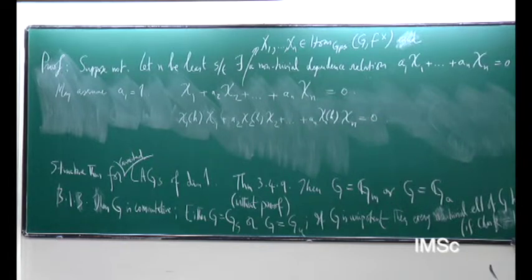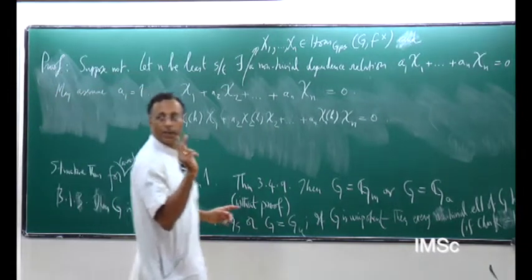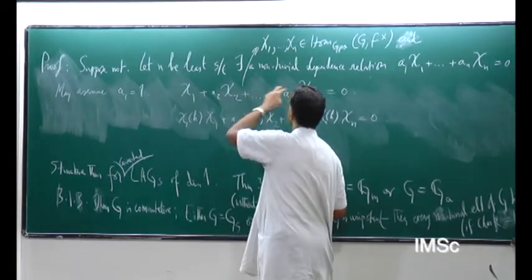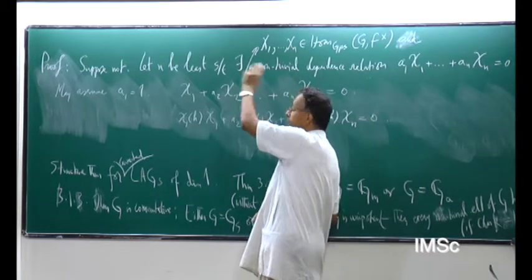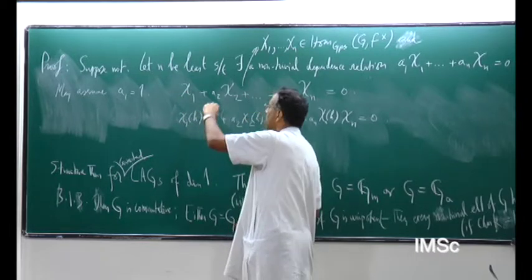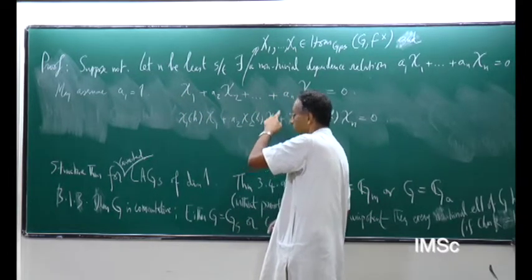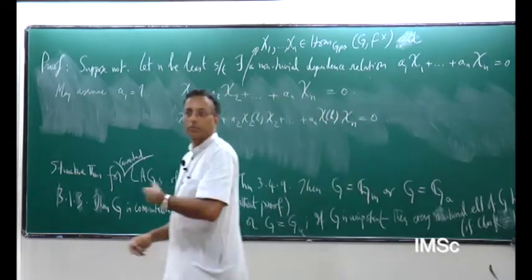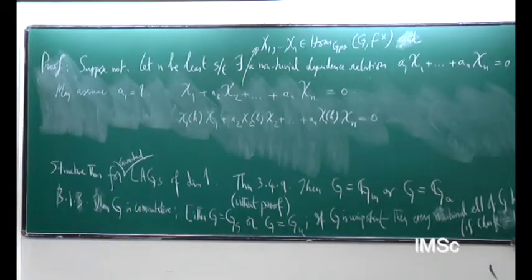What I have done is evaluate the first equation on gh, which gives chi1 of h times chi1 of g, a2 chi2 of h times chi2 of g, and so on. But then g is general, so I pulled out the h and can erase the g. This is true for every h.